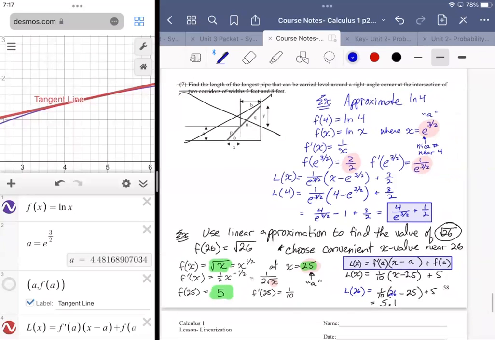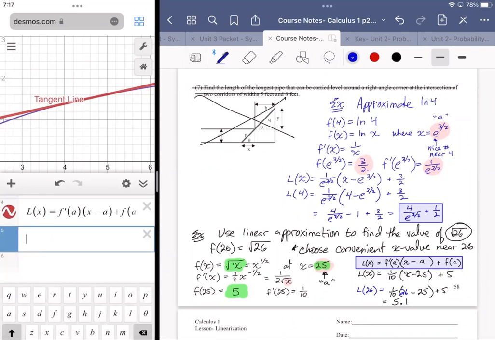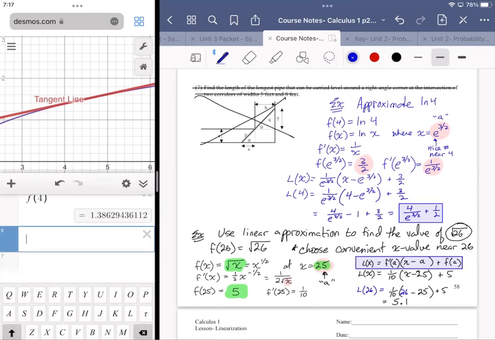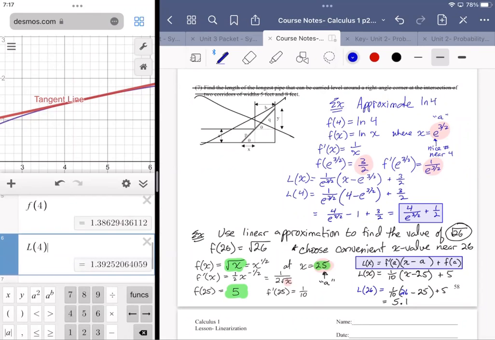But we can evaluate our original function at 4 and evaluate our linearized model at 4 and see that they're pretty spot on in terms of approximate values. 1.386 versus 1.393, not too far off.